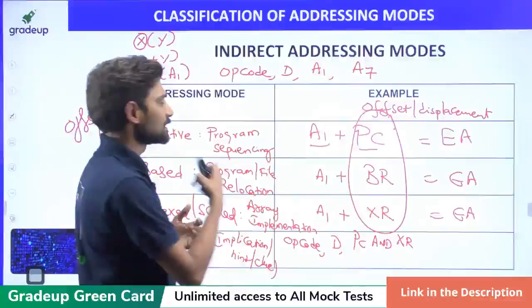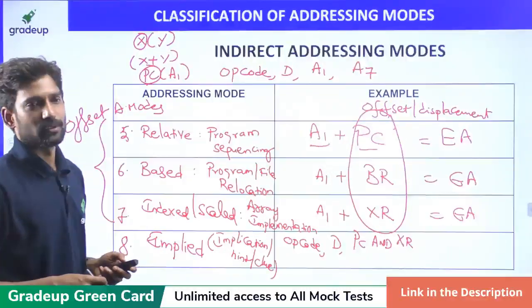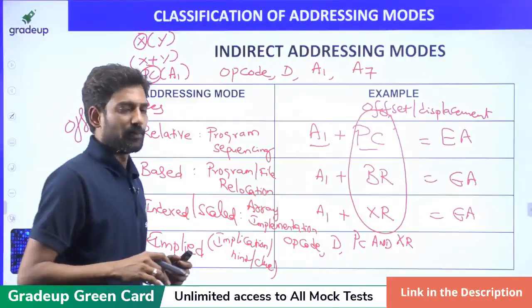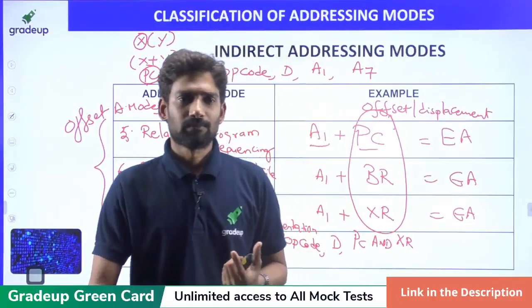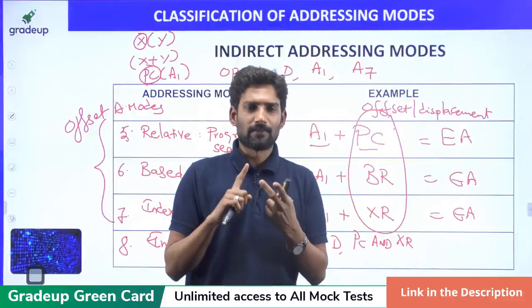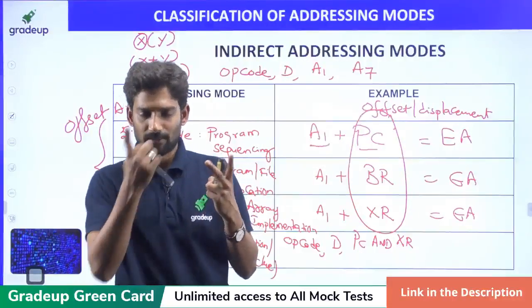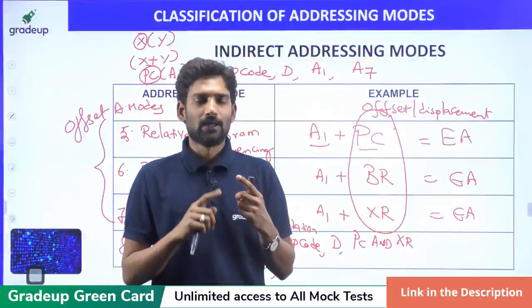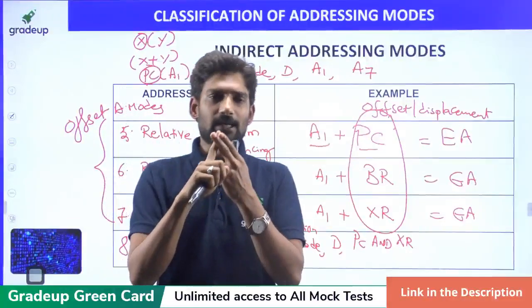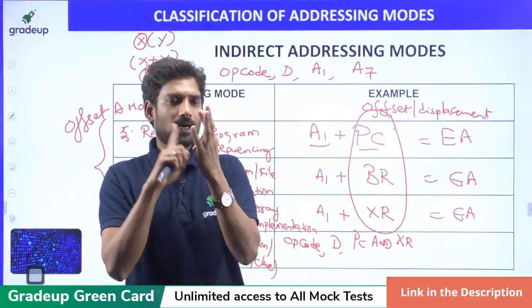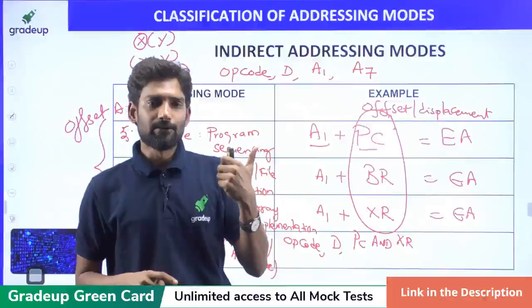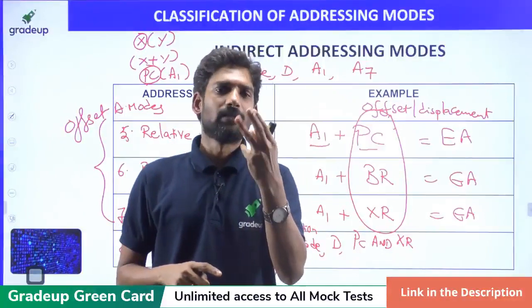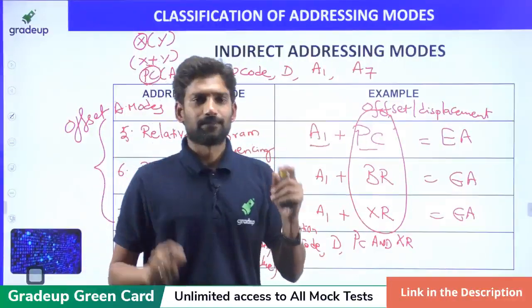This is what you call implied addressing mode. So altogether, how many indirect addressing modes are there? 8. Memory direct, sorry, not memory direct, that is absolute. Memory indirect, register indirect, auto increment or decrement, relative, based, indexed, implied. Total 8.